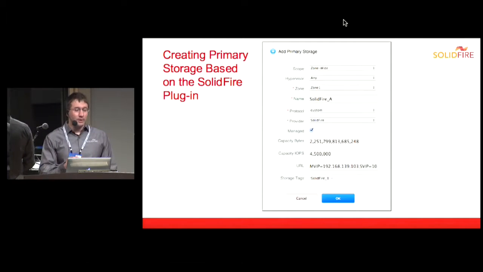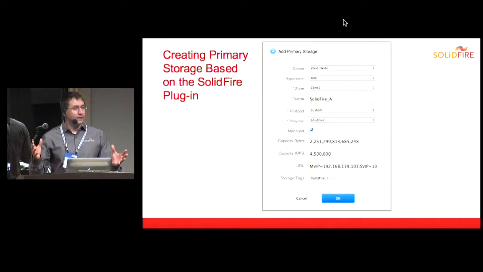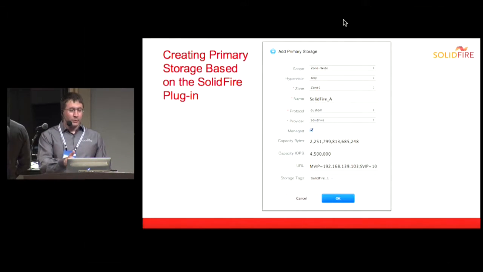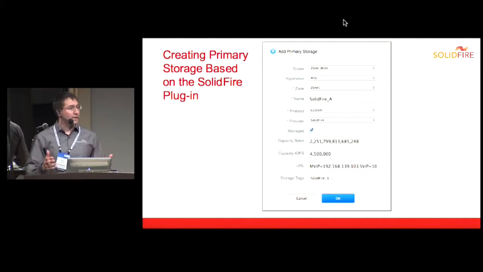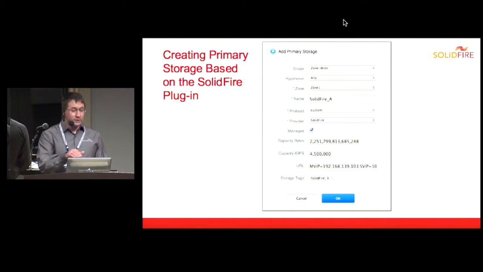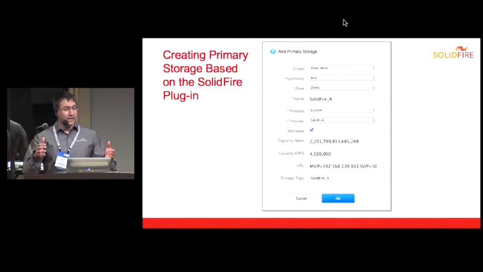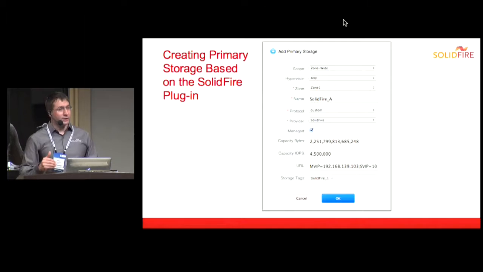So, for example, maybe you create 100 volumes dynamically. Maybe on your 101st volume, you exceed the capacity bytes or the IOPS. Well, that's when CloudStack will cut you off and say that you don't have the ability to create that particular resource. So this is your way of taking that back-end resource and telling CloudStack how much of it it can actually use.